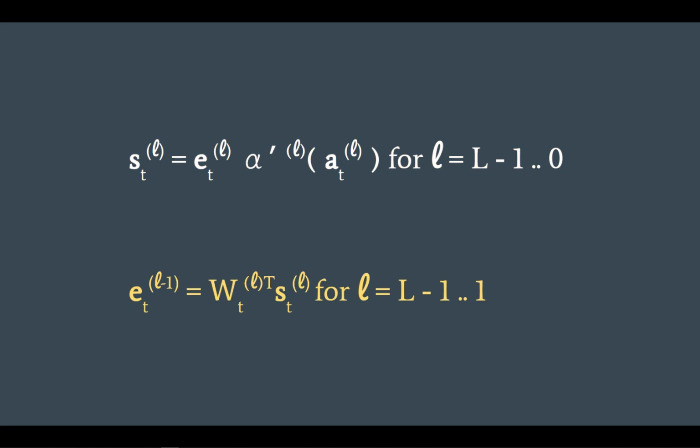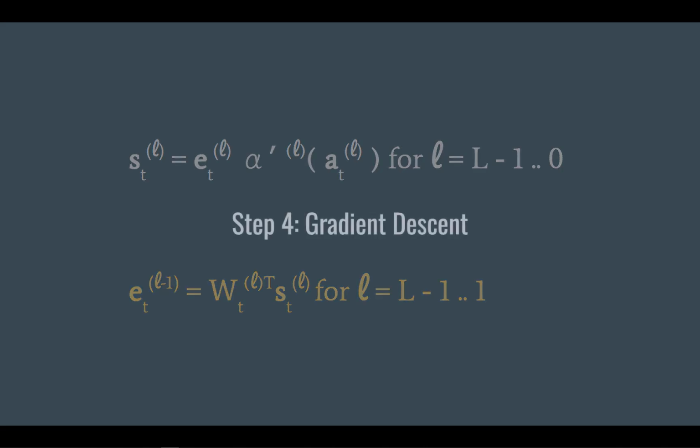The error array, which will be backpropagated to the previous layer, is computed by multiplying the transpose of the current layer's weight matrix by the current layer's signal array and is then backpropagated to the preceding layer to continue the process. Step 4 of training is the gradient descent, which involves updating each layer's weight matrix and bias array.